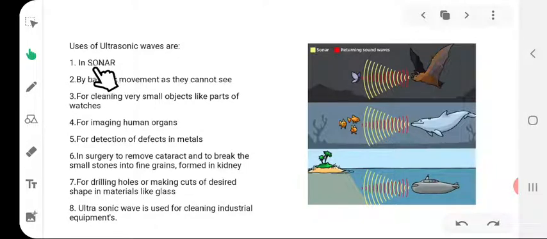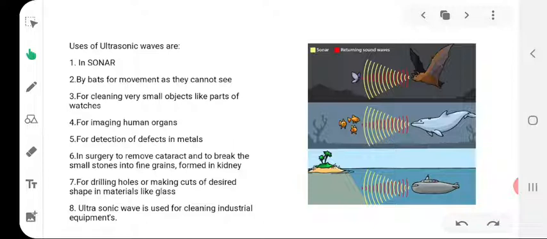The word sonar stands for sound navigation and ranging, and it is a technique that uses ultrasound to measure distance, direction, and speed of underwater objects such as hills, valleys, submarine, iceberg, sunken ships, etc. In fact, trawlermen use ultrasound to find a shoal of fish in the sea.